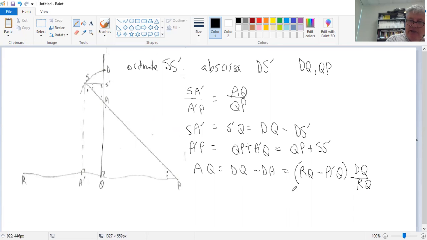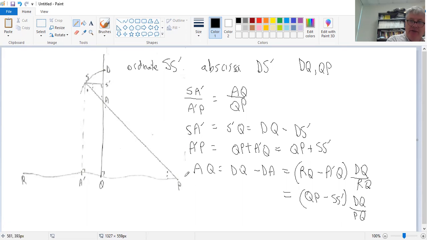Okay, and let's then just put this all in terms that we want. So instead of RQ, let's put it as QP. And instead of A prime Q, let's put that as SS prime. And instead of RQ, we'll have PQ.